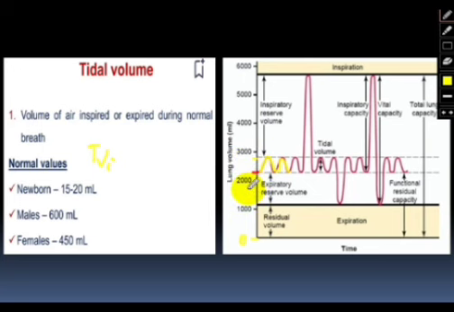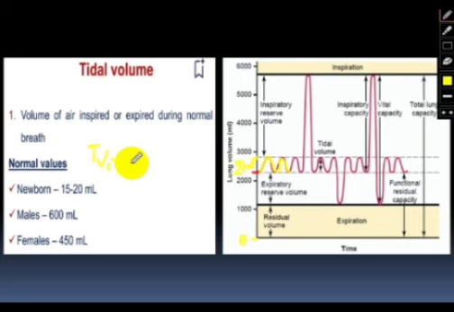Although in some books, that level might be at the point of 3,000. But if you look at this line here, it's below 3,000. So we can call this 2,700. So we say that tidal volume inspiration is 2,700.